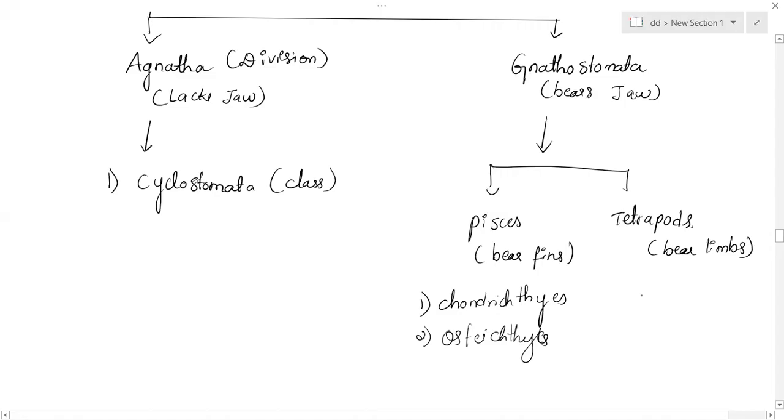And here Tetrapods is divided into Amphibia, the second one is Reptilia, the third one is Aves, and the fourth one is Mammals.